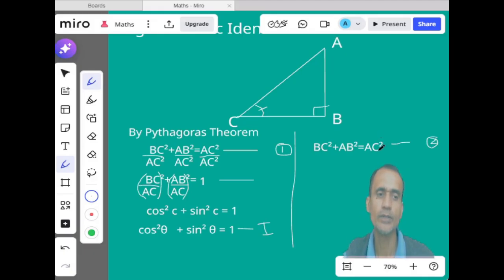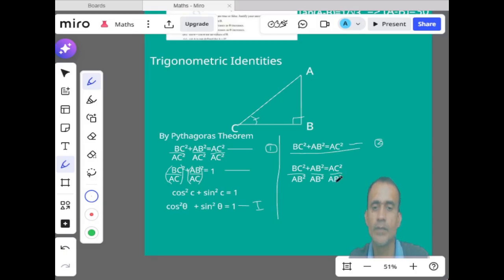Let us now find out some other identities. So we start with the Pythagoras theorem and divide it by AB square on both sides of this equation. By dividing we get this equation.